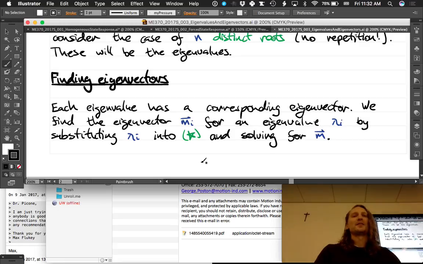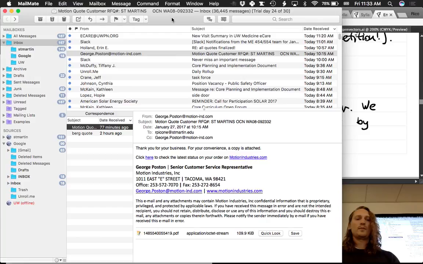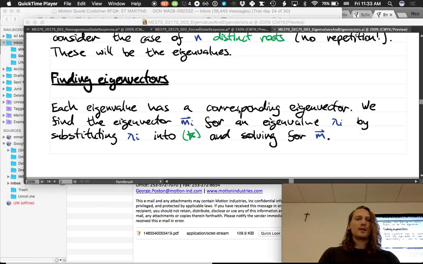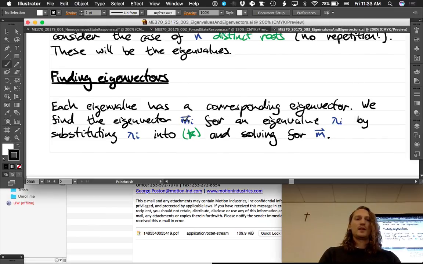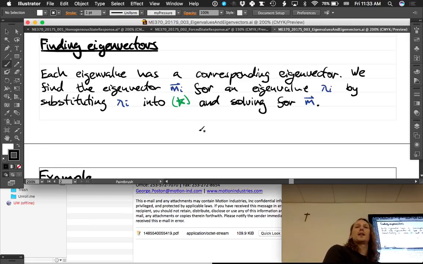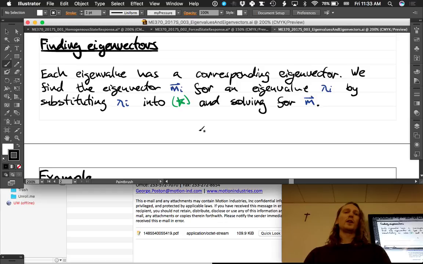All right. So finding eigenvectors. Each eigenvalue has its corresponding eigenvector. We find the eigenvector m_i, so it's going to have several eigenvectors in the general case, for an eigenvalue lambda_i by substituting lambda_i into star and solving for m.